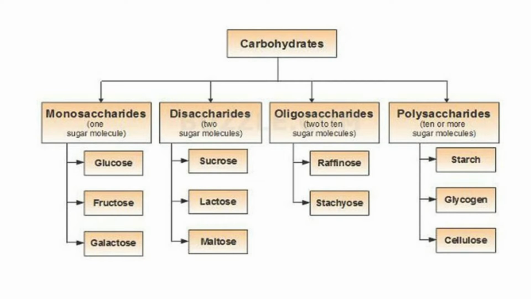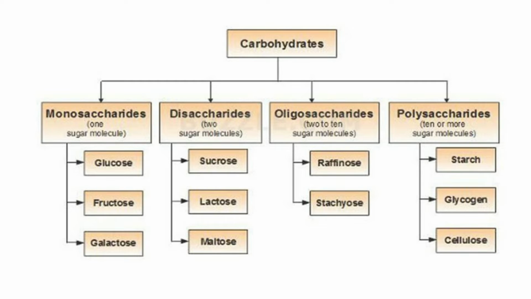You can see here a graphical representation of carbohydrate classification. Carbohydrates are classified into 4 subclasses. First classification is monosaccharides, which are further classified into glucose, fructose, and galactose, which are examples of monosaccharides. Second classification of carbohydrates is disaccharides.